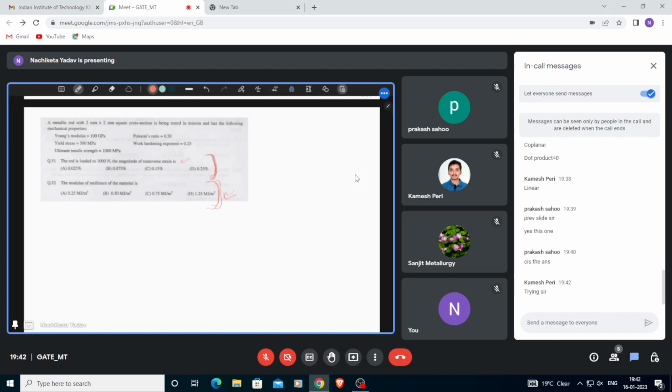Everything is given, just calculate what the transverse strain will be. Poisson ratio is also given. This is a square cross section, not a diameter. Don't take it as a diameter.